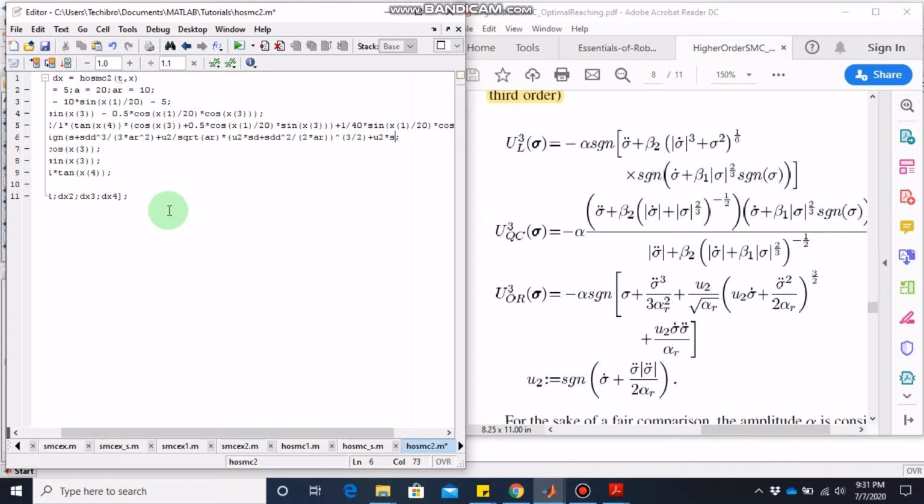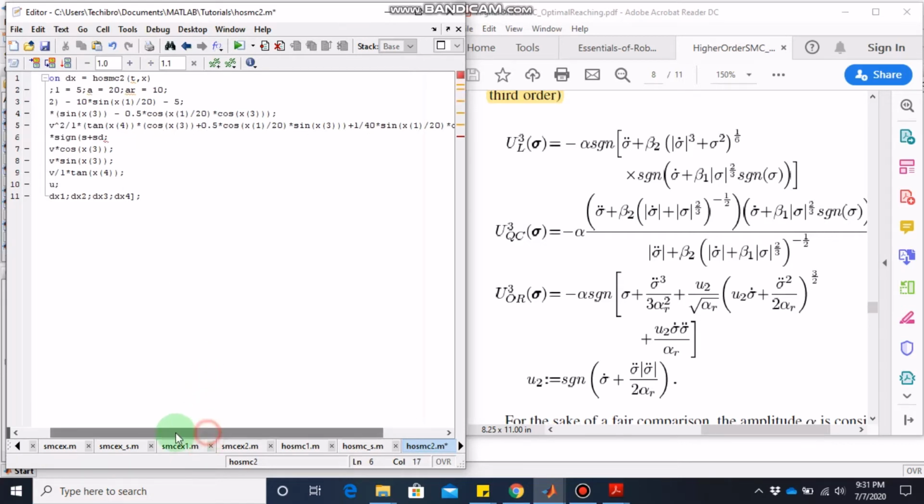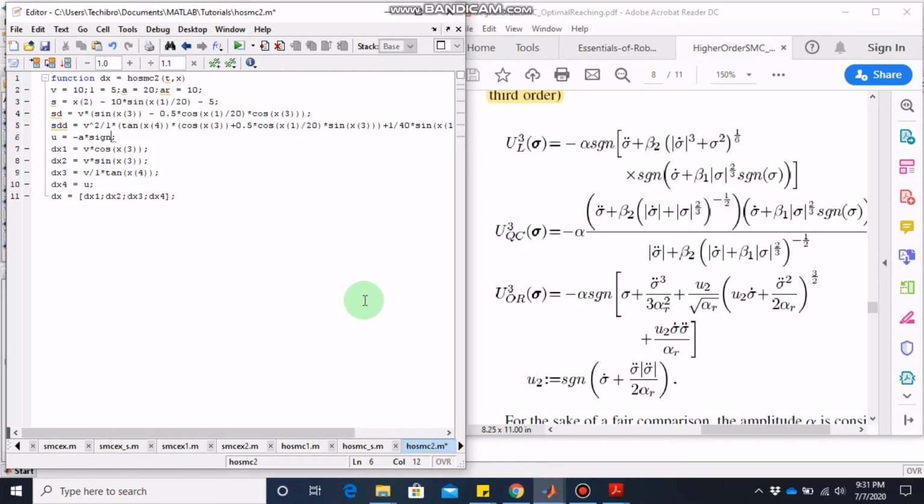I'm going to remove this existing line for U, and now you can see here that this U is minus alpha, which is A in our code, times sine of S double dot plus beta 2. So you can see here that there are two new parameters, beta 1 and beta 2, that are used in this controller.